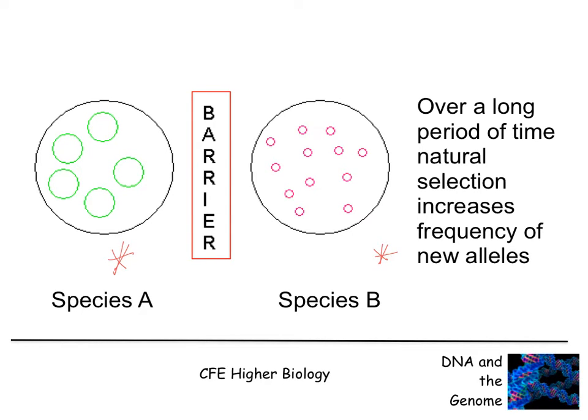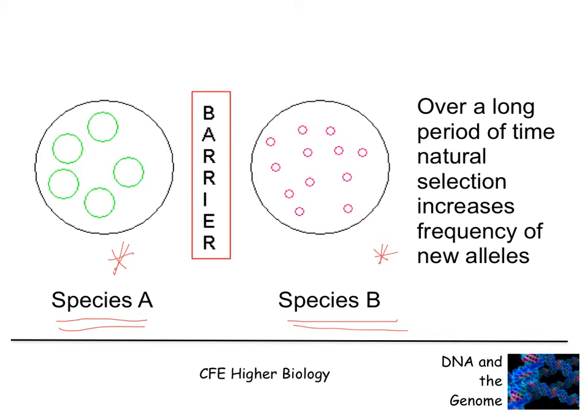You end up with a species A being formed and a species B being formed, because over this long period of time these two species become so different from each other that they can't interbreed.